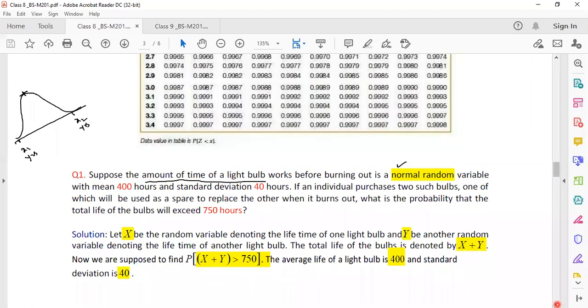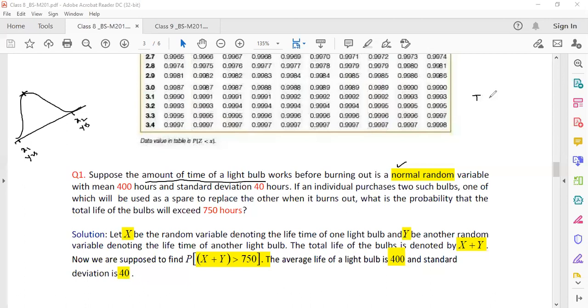Now, do not look at the sentences which I have written in the solution portion. First, try to understand, just look at the question. It is given that if we have a light bulb, its amount of life is a random variable, say we consider the random variable to be capital T.